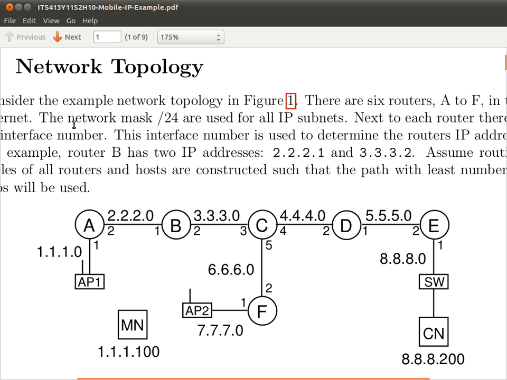Which, in our diagram on the board, F is a foreign agent. Here's our mobile node. We have some other entities, some other routers, one of them special. Who initiates the mobile IP registration? MN, the mobile node.